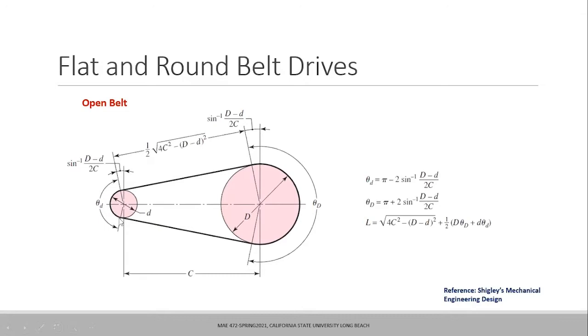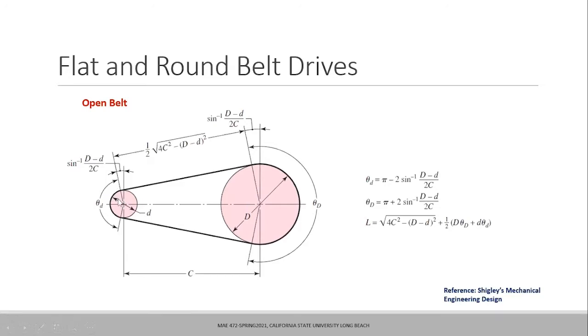The angle of contact between the belt and the pulley, from the point where it is entering into contact to the point where it is leaving, is called the angle of wrap. And this angle of wrap plays an important role because it determines how much surface of the belt is in contact with the pulley.